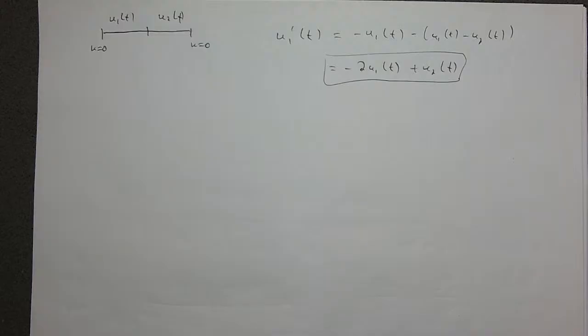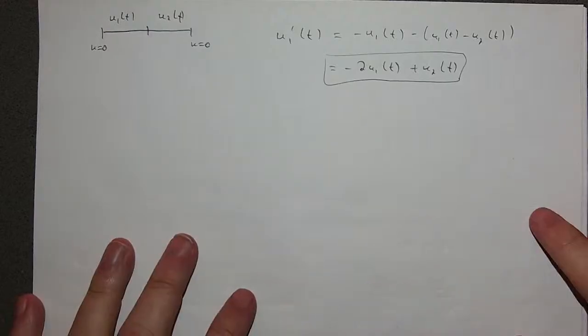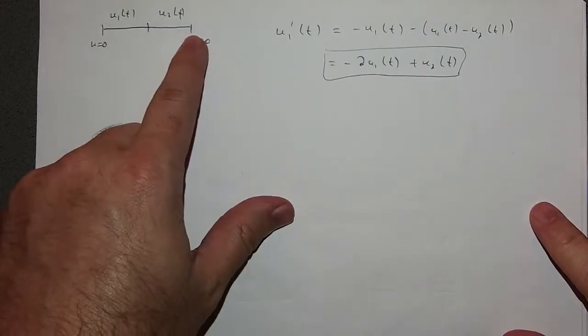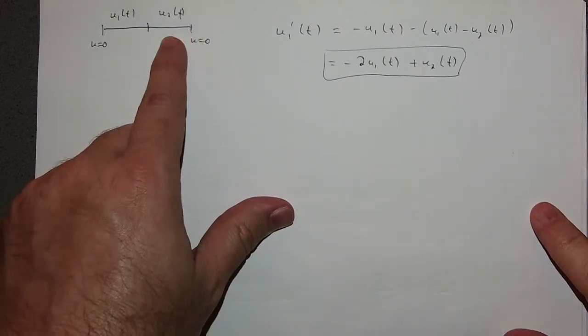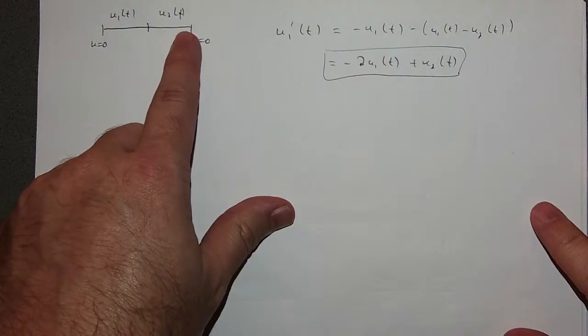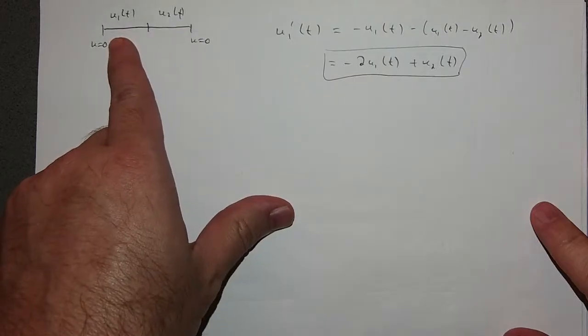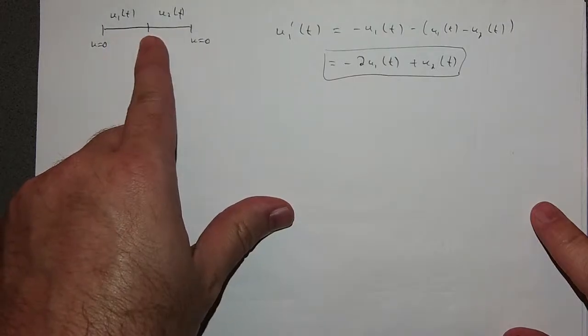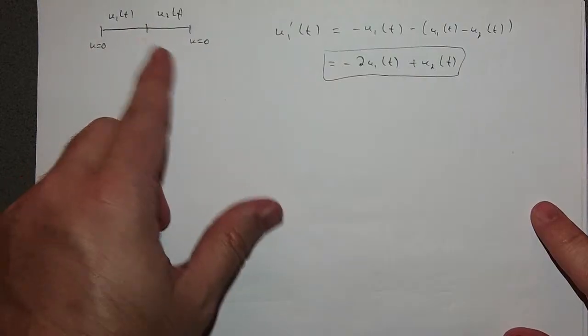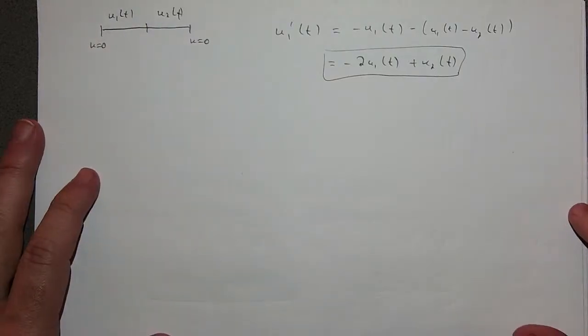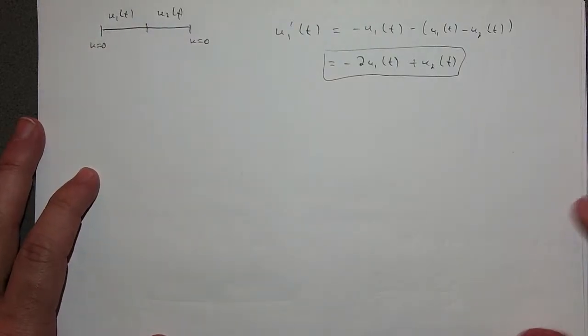You're thinking of this as being a very thin rod. Okay, in a similar way, we can consider how heat enters and leaves the second region. So what's going on there? It flows out the right of the second region at a rate of U2 of t, and it flows in from the first region at a rate of U1 minus U2, not proportional to it, but U1 minus U2. We're taking that proportionality constant to be 1. So what do I get there?